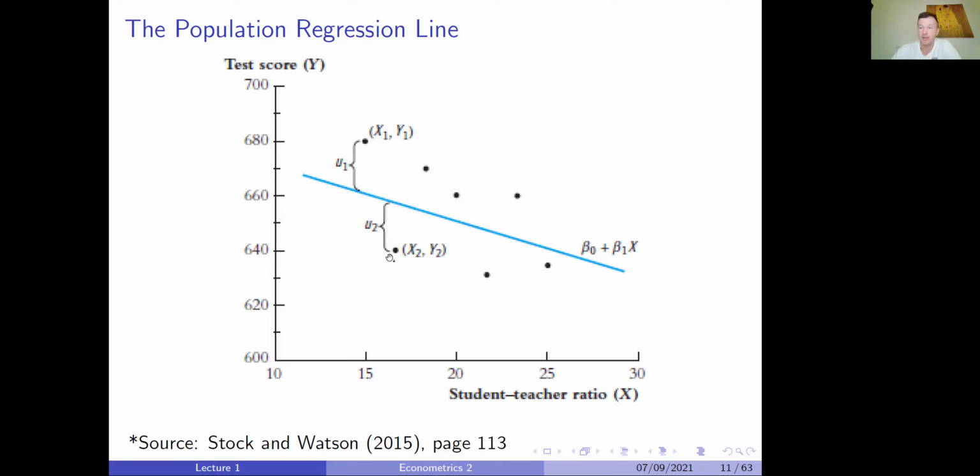Because, again, other factors other than student-teacher ratio affected this outcome, and this describes the error term u for this second observation, and so on. So you will never observe data where all observations belong to only one line. There are always some other factors.